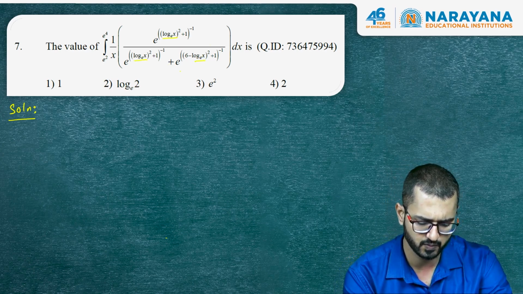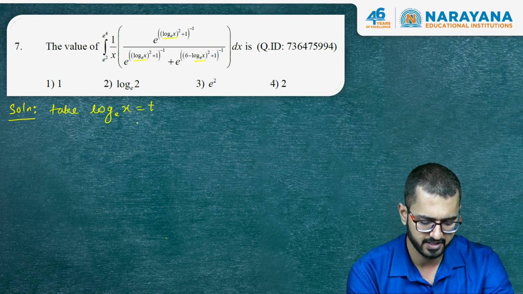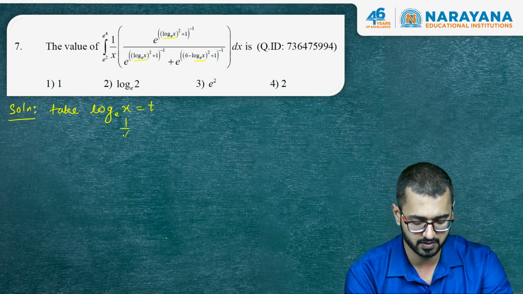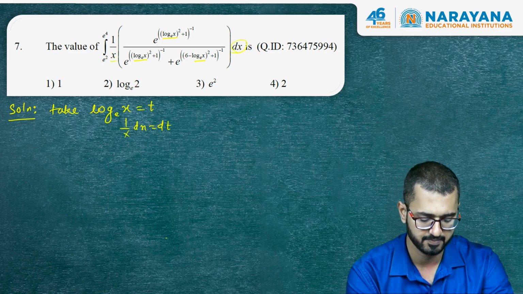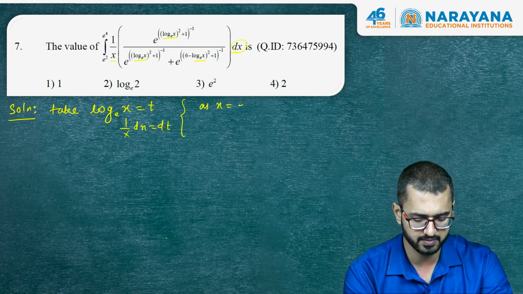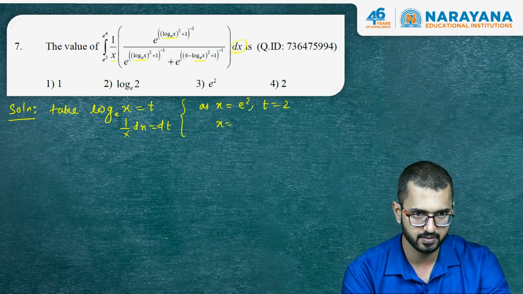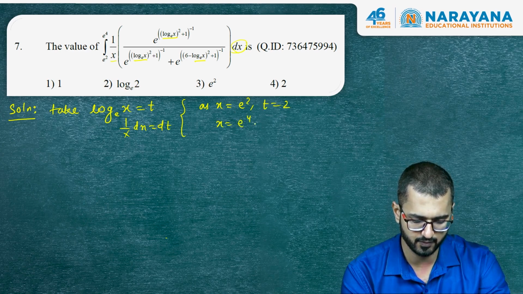That means we should take log x as t, and differentiate, so 1 over x dx will become dt. This is also balanced, and now we'll change the limits. As x is equal to e square, t will become 2, and when x is equal to e to the power 4, t will become 4.